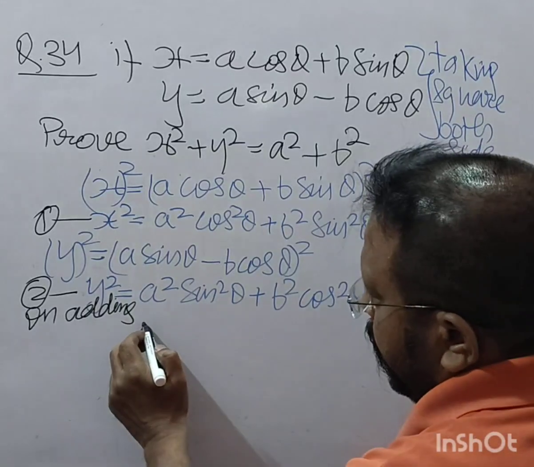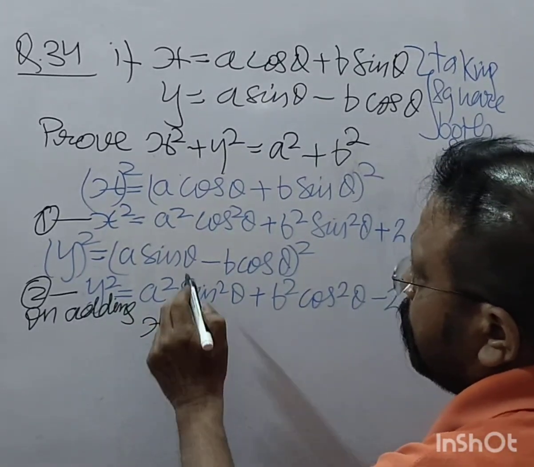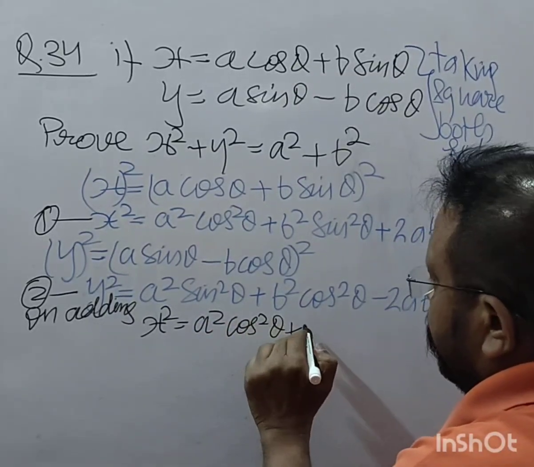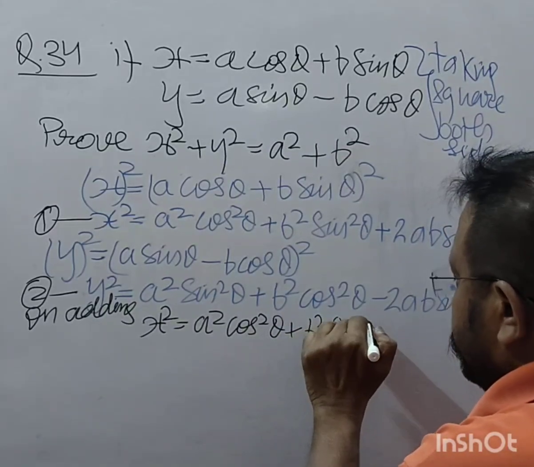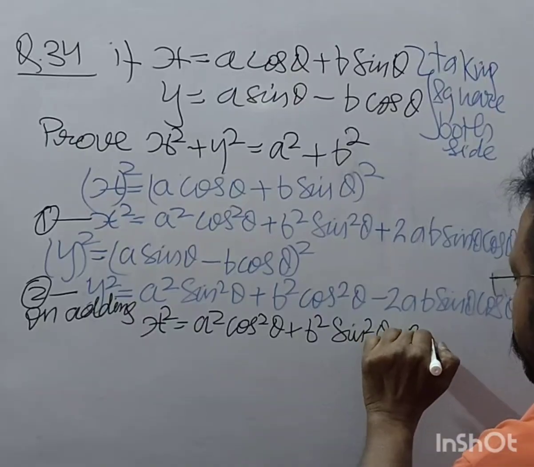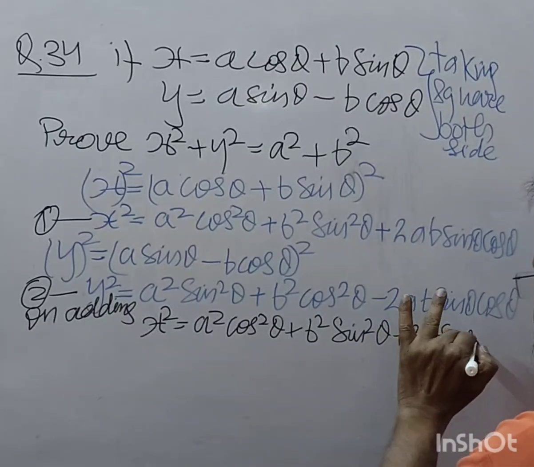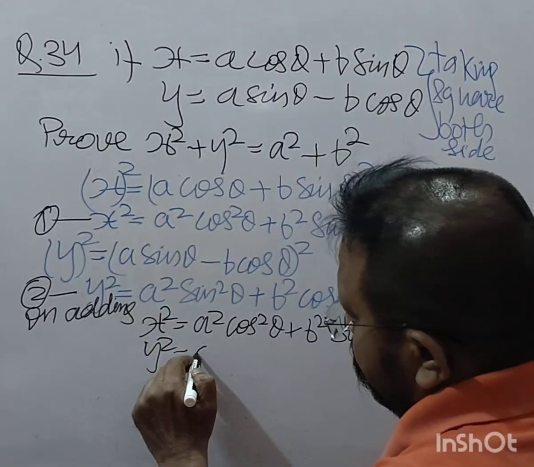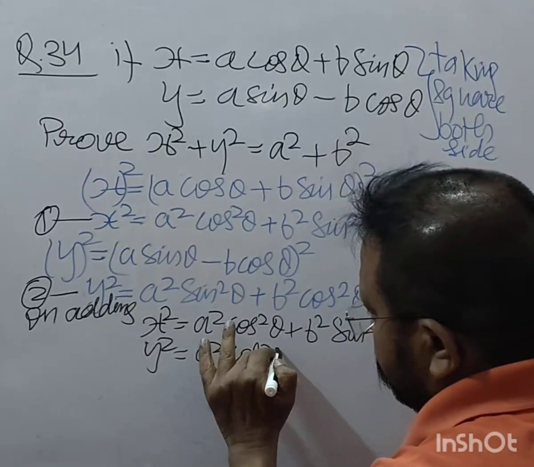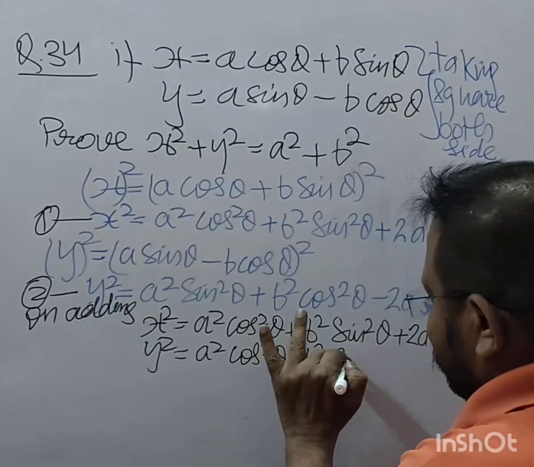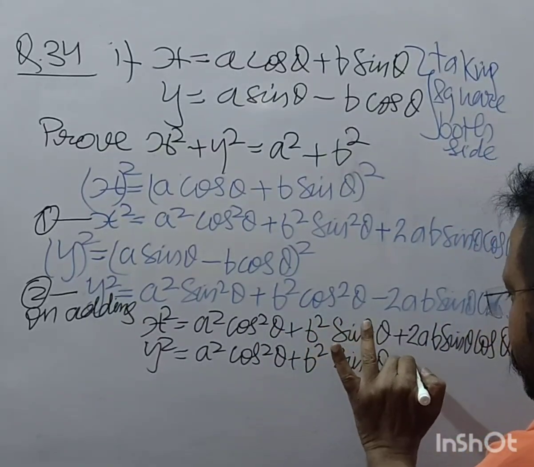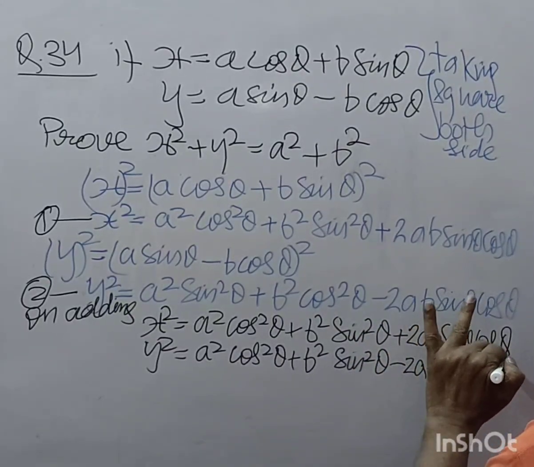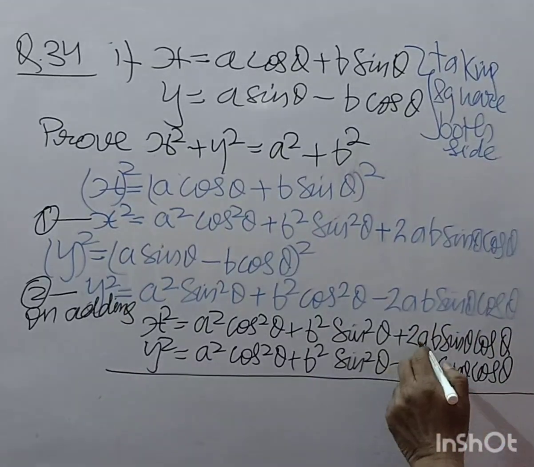On adding, the plus and minus 2ab sin theta cos theta terms are gone.